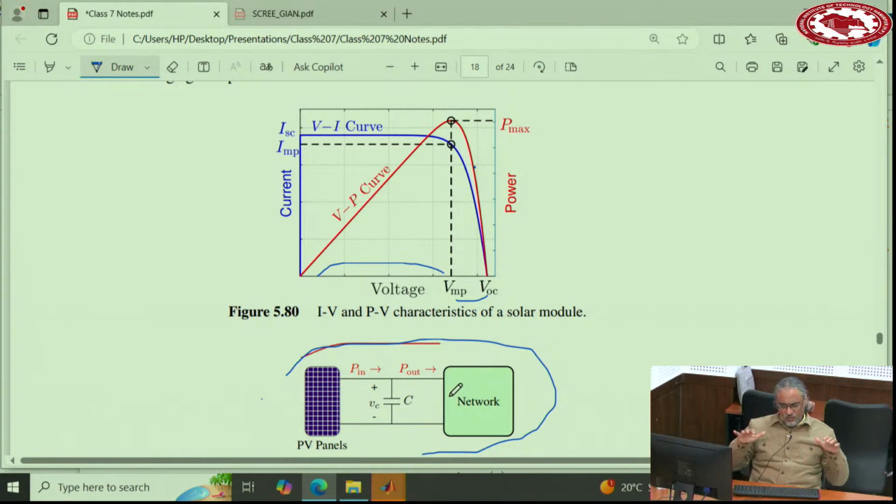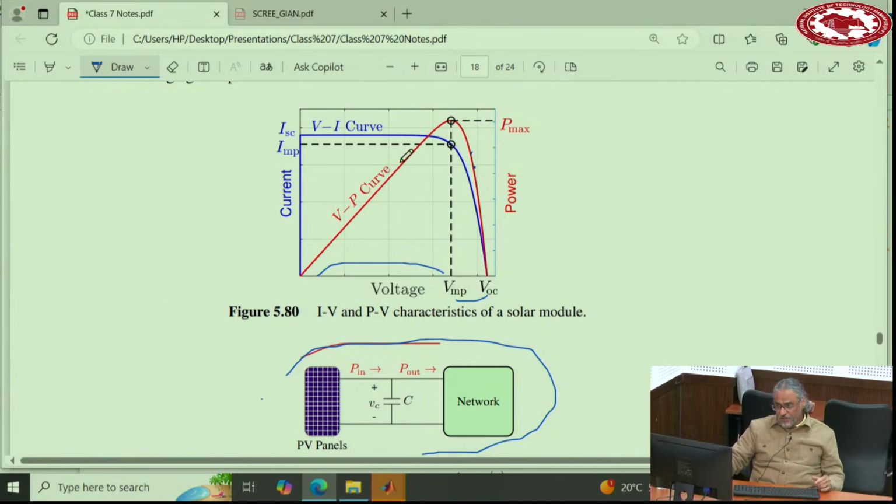So the voltage we see tends to drop, and when VC tends to drop, the current goes up, so it generates more power, right? And it stabilizes at another point, let's say here. Now, if again that load switches off, this goes back to the same point.